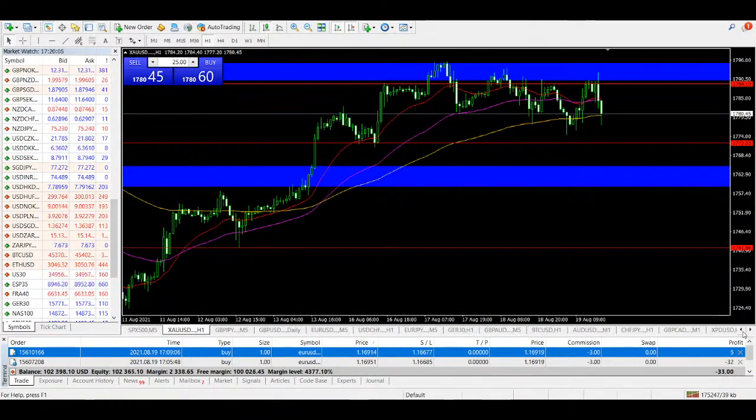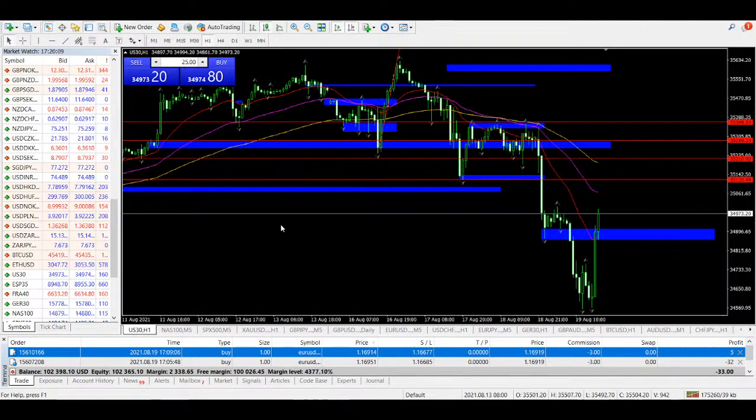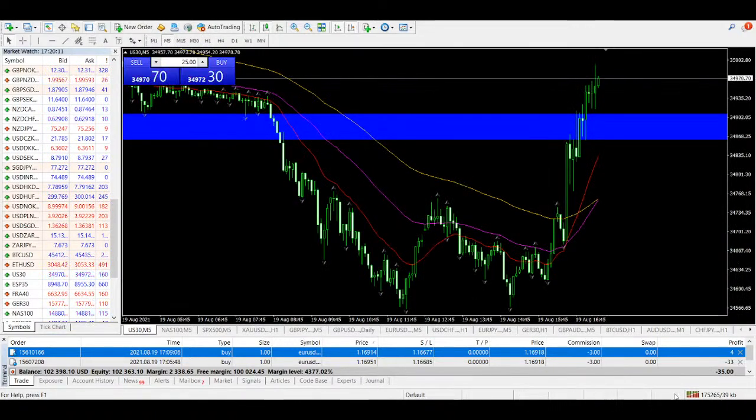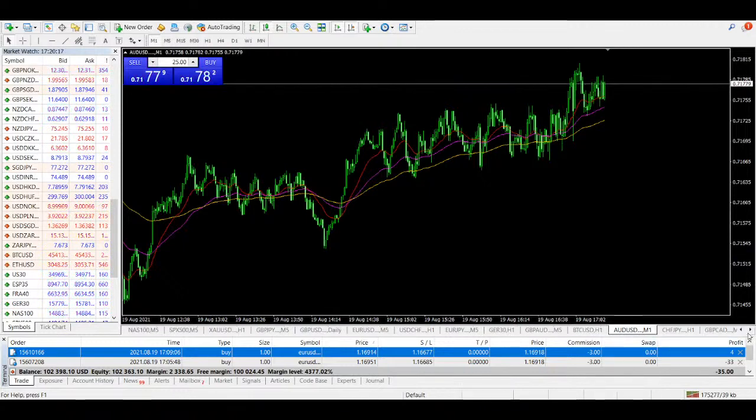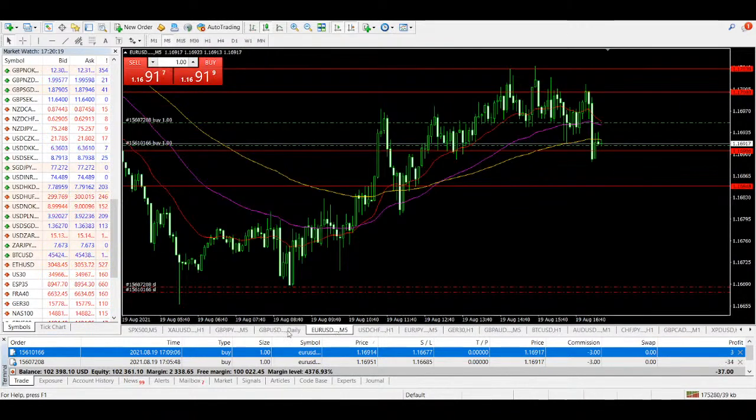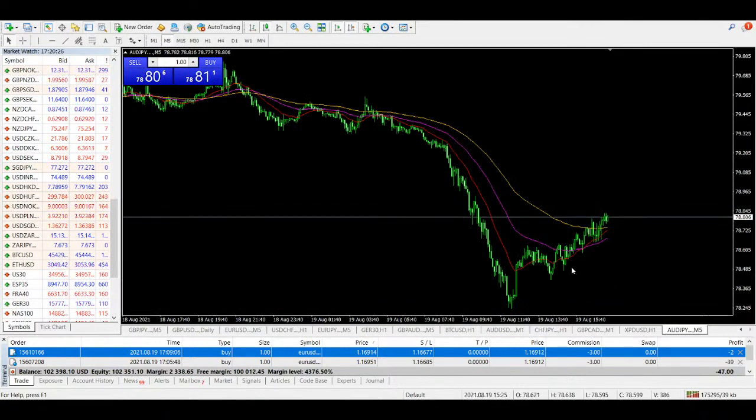Because COVID's there, you know. Yeah, I mean, Australian dollar looks pretty strong against the US in comparison to like euro and pound. So maybe an Aussie dollar buy is in play for risk off.